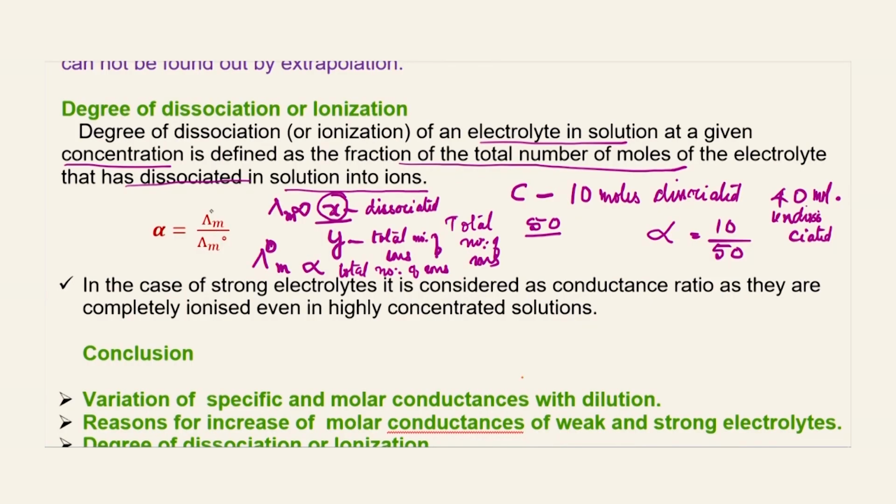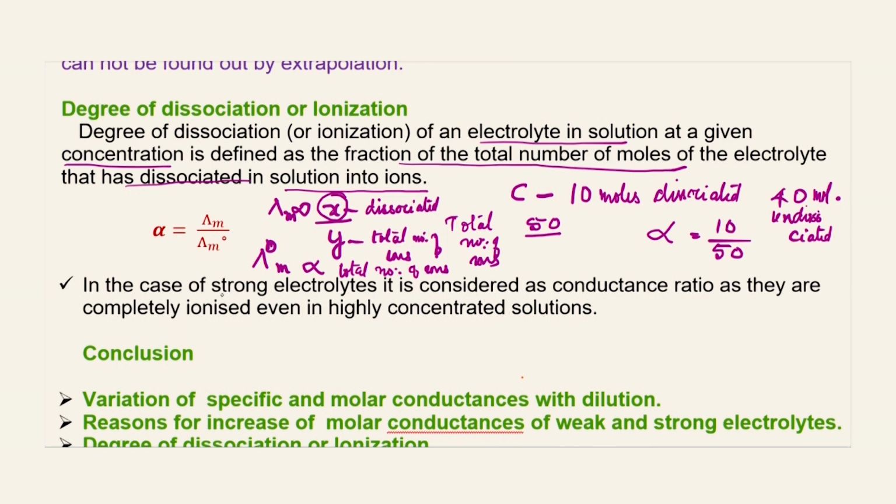Therefore, the degree of dissociation alpha of a weak electrolyte is equal to lambda m by lambda 0 m. So, alpha can be determined by taking the ratio of lambda m to lambda 0 m.